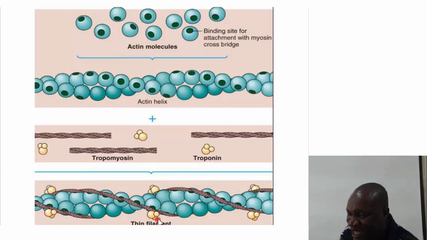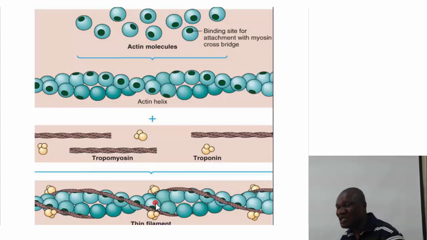Troponin I binds to the actin filament, and this holds the tropomyosin in place to cover the myosin binding site. And troponin C will bind to calcium ions. We will see the significance of troponin C when we do muscle contraction.